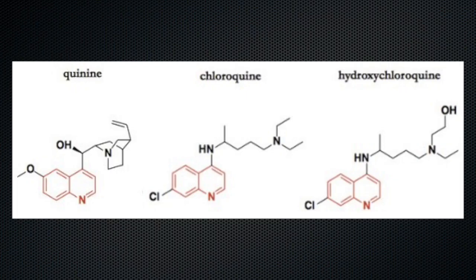So I reasoned, why don't I take a look at the structure of quinine and chloroquine. So I looked that up, and here is the structure. You can see that on the left is quinine, and it has that beautiful basket portion of the molecule.